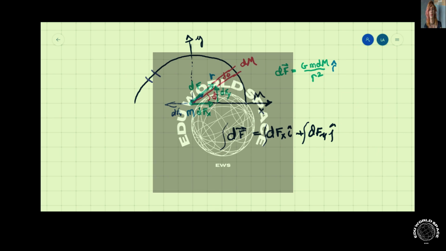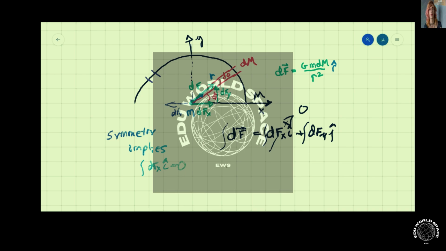So we know that there will be no component of the force in the x direction. Symmetry implies that the sum of the forces in the x direction equals 0. So we'll just put that as 0.